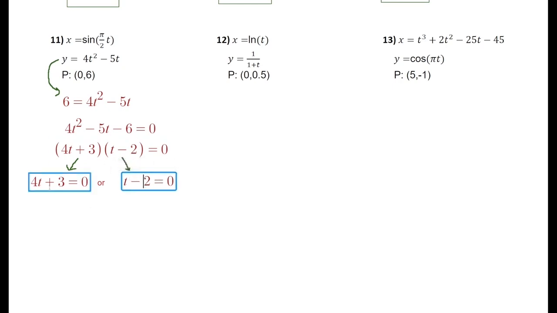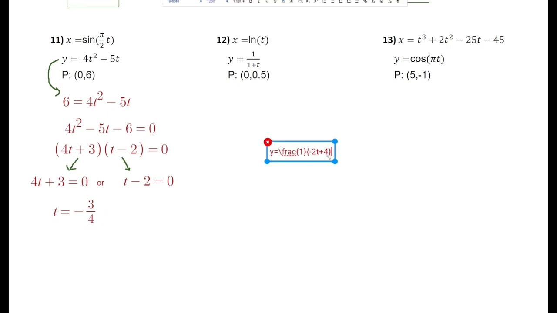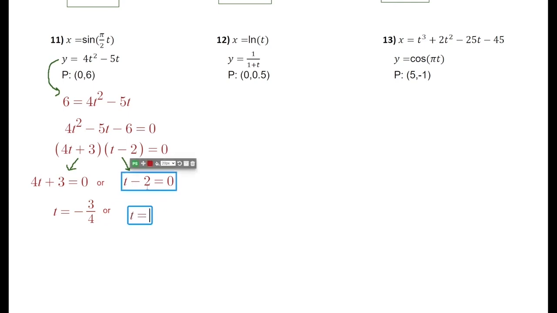So for this first one, we're going to subtract 3 and then divide by 4. And that's going to give us t equals negative 3/4. And we have or. If we add 2 to both sides here, we get t equals 2. So these are 2 potential solutions that we need to test into the other one.